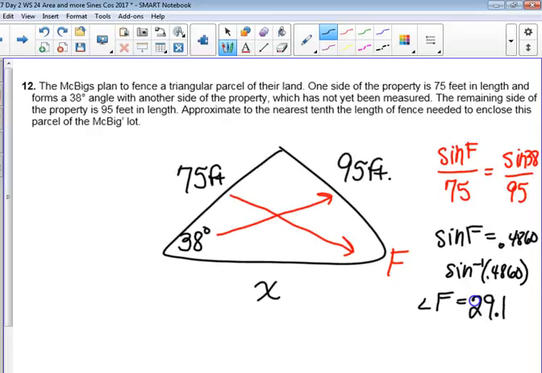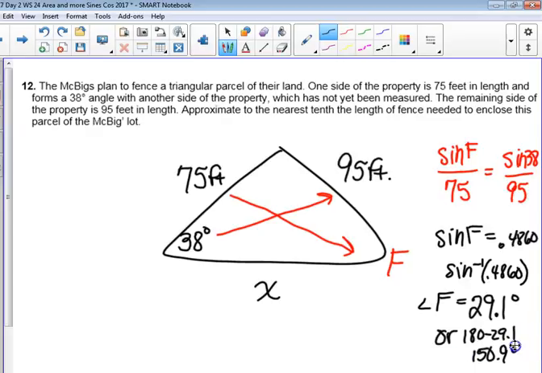And how do you find the other possibility? 180 minus 29.1 would be what? 150.9? Should just be 180 minus 29.1.